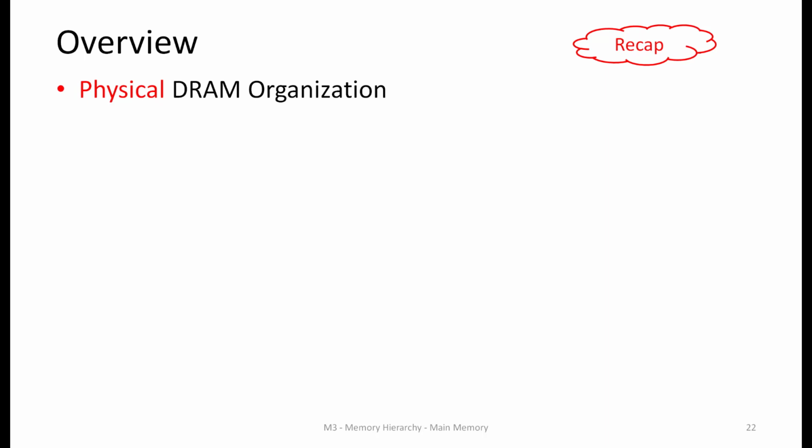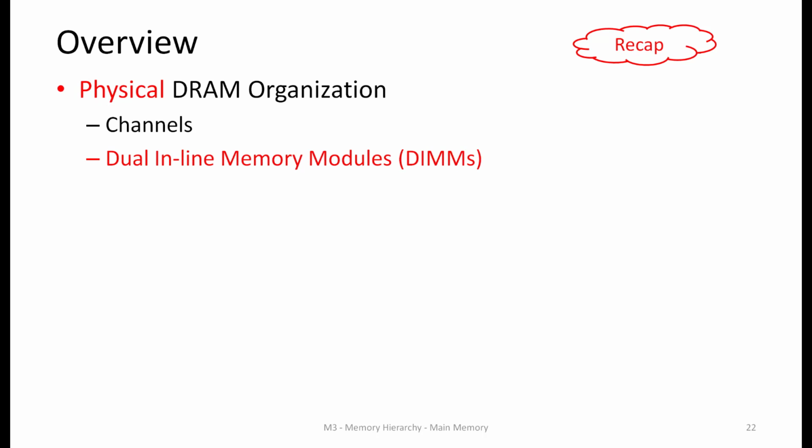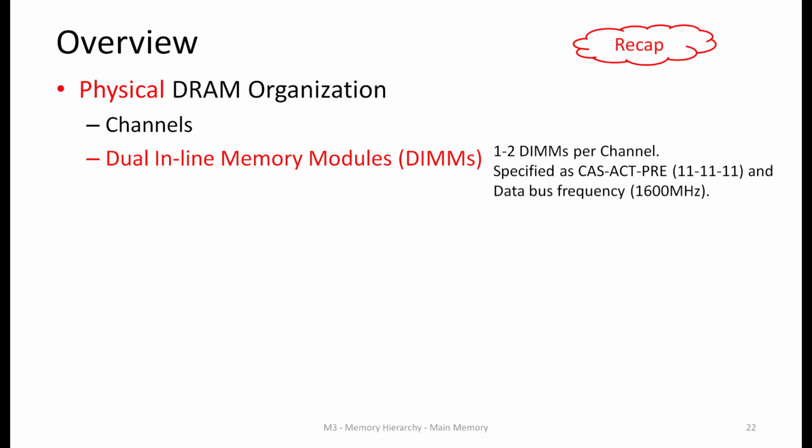A quick recap of that: we have multiple channels and each of those channels can have multiple DIMMs, dual inline memory modules. Each DIMM is specified by its CAS ACT pre-latencies. Here 11, 11, 11 are the number of cycles, specifically the DRAM cycles it would take for each of these commands.